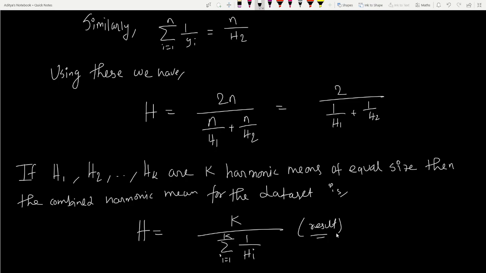So this would complete our result, and this would complete our section of harmonic mean as well.